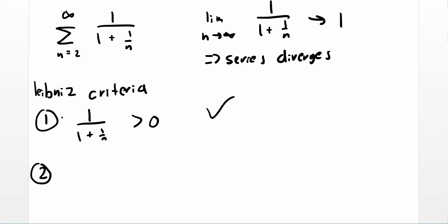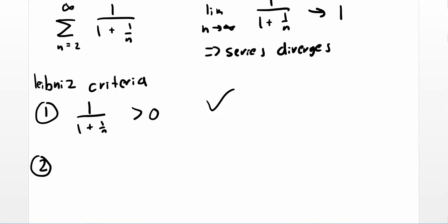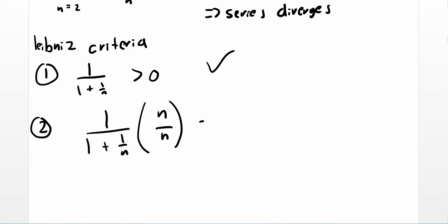Second criteria, is this function decreasing? Well, that's a good question. So we might want to rewrite this a bit. Multiply through by n over n. So we'll get n over n plus 1.